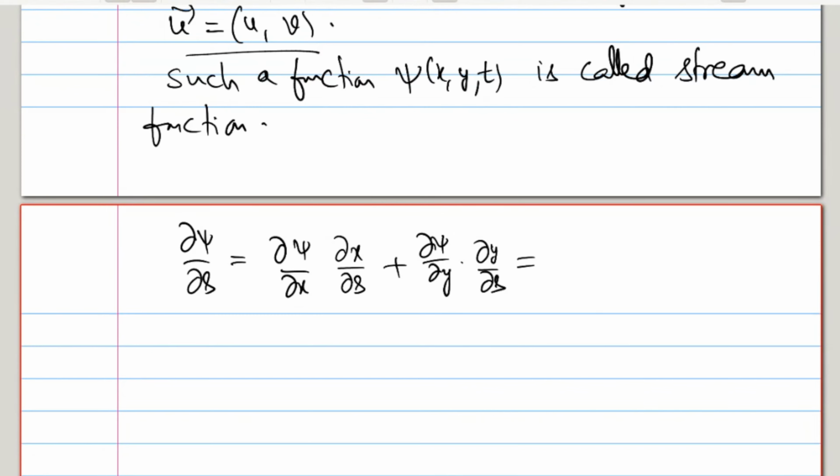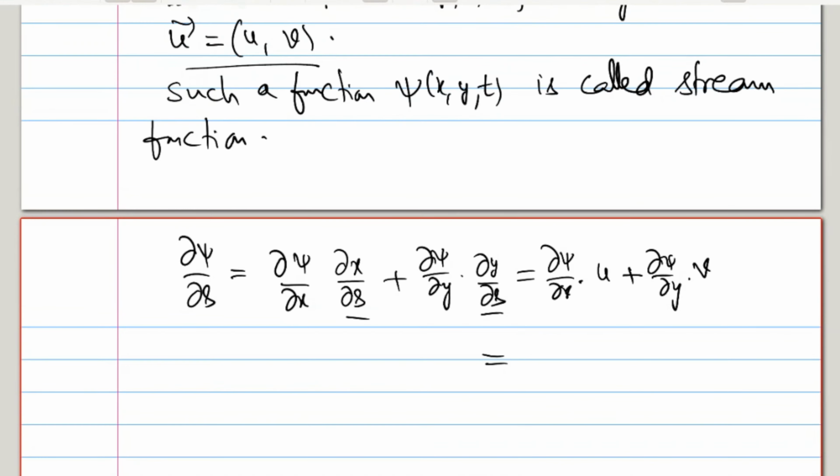Now dou x by dou s and dou y by dou s are tangent to the streamlines, so tangent to the flow vector. So dou x by dou s is nothing but u, and dou y by dou s is v.